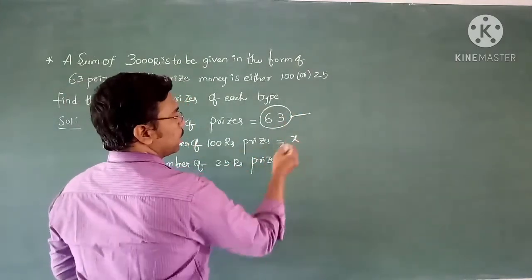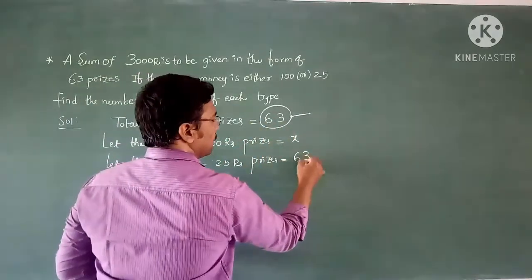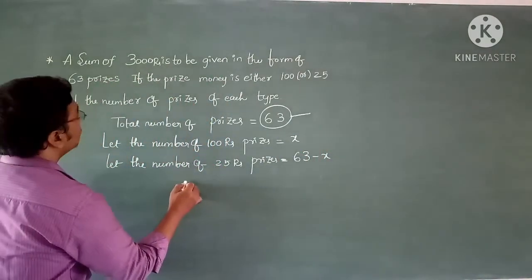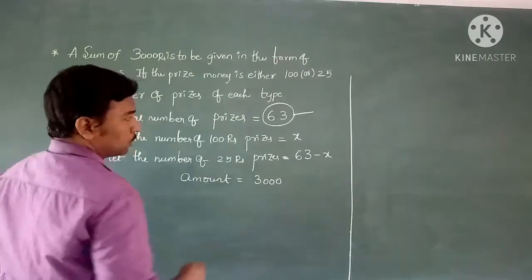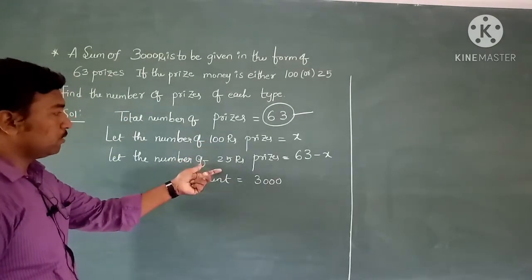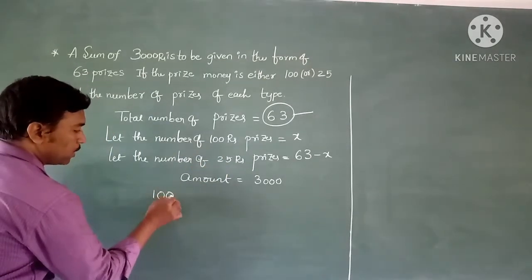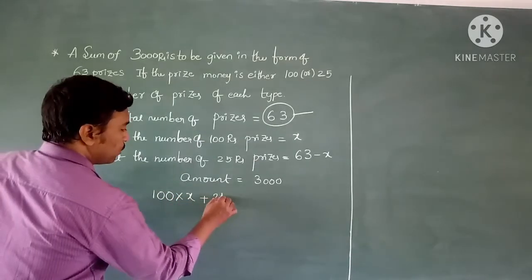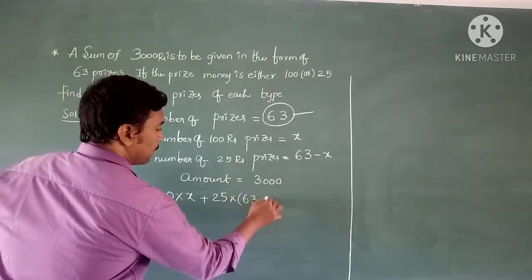If the 100 rupees prizes are x, then the number of 25 rupees prizes is 63 minus x.